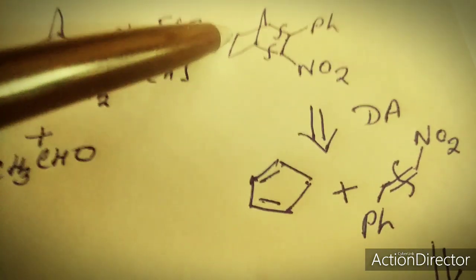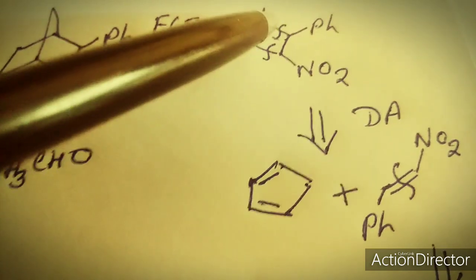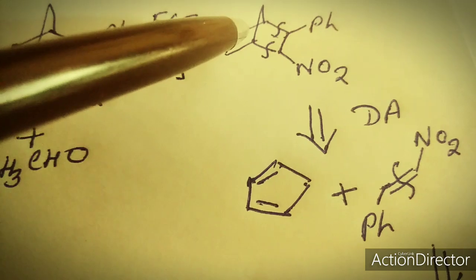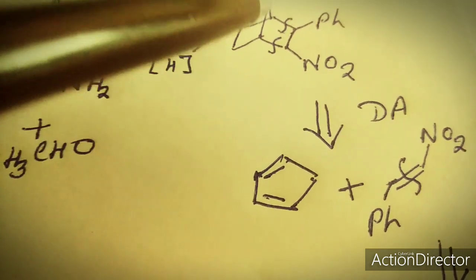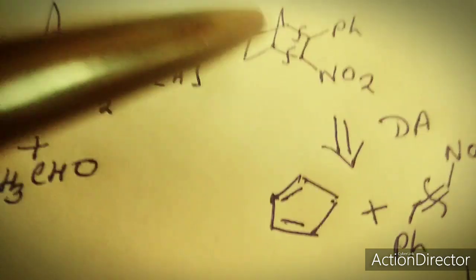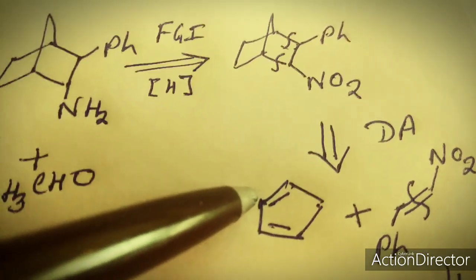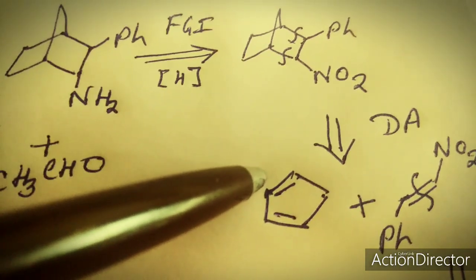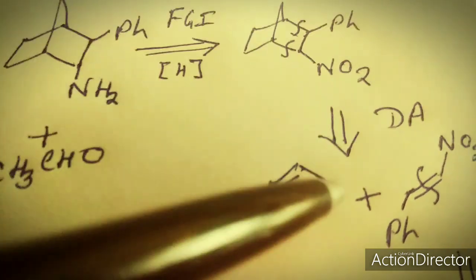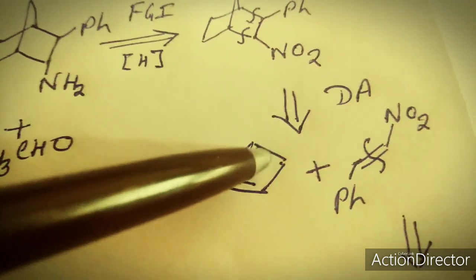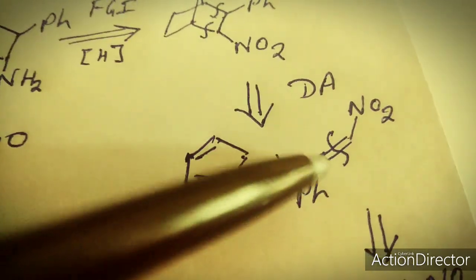Now 1, 2, because these two carbons are now disconnected, we get 1, 2, 3, 4 and this bridgehead carbon. So in other words, we now get a cyclopentadiene, the bridgehead carbon forming this point. So cyclopentadiene plus this will be the ene.